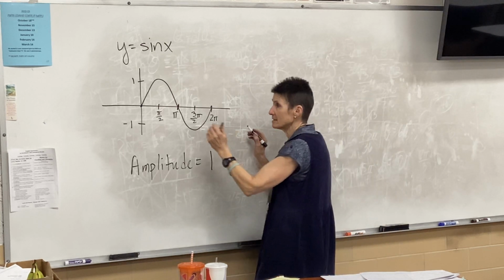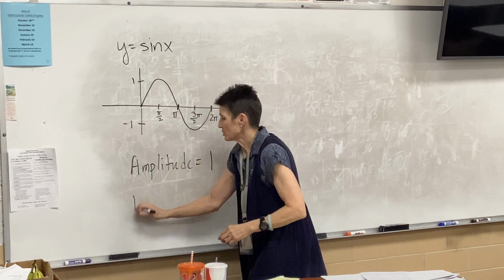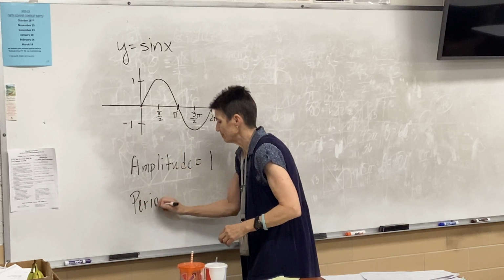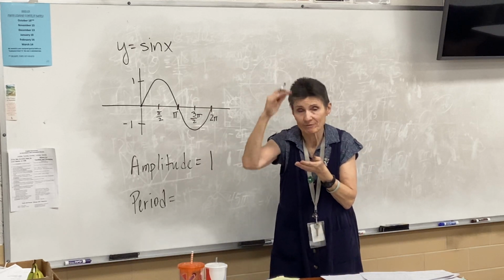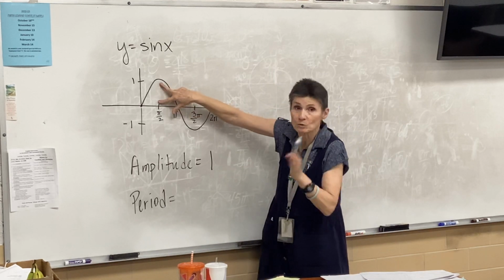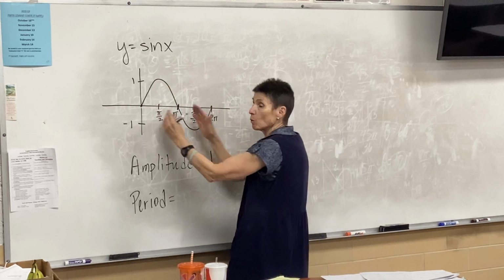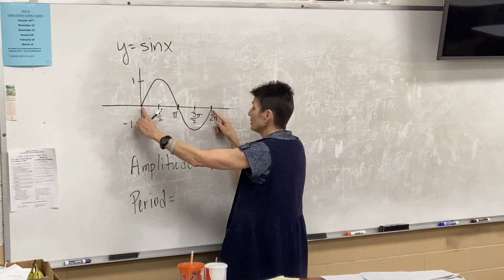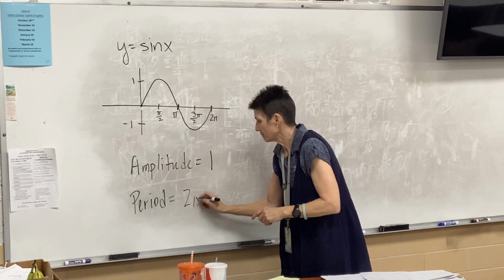The distance from start to finish is called the period. Okay, so amplitude is the height of the wave. How high is this wave? It's 1. Period is horizontal. Distance from here to here. And that is 2 pi.